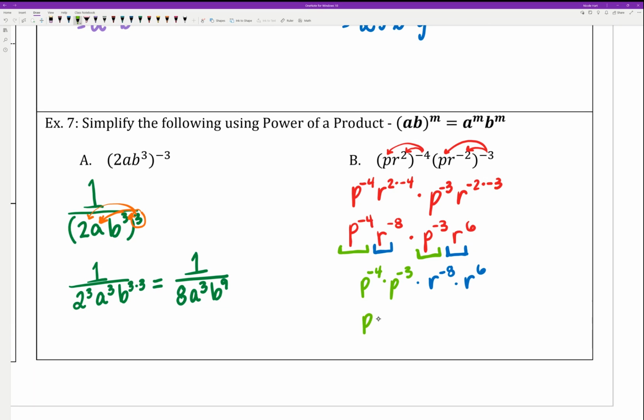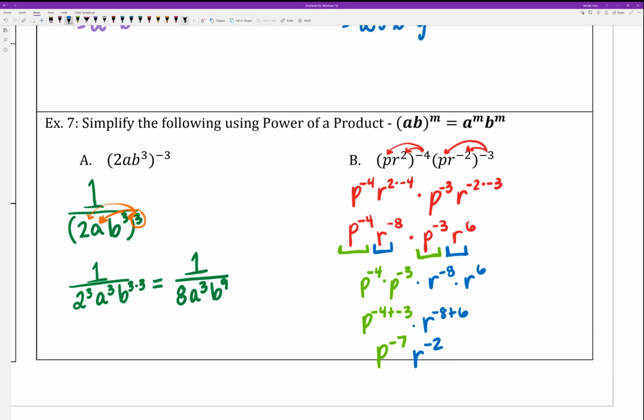So we have p to the -4 plus -3. And then for the r's, we have r to the -8 plus 6. And then when we simplify this, we have p to the -7 times r to the -2.